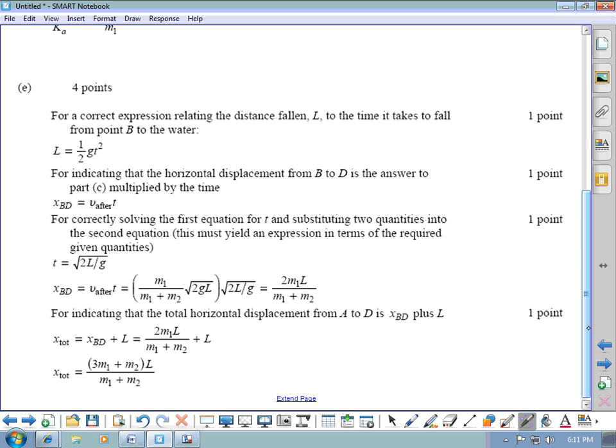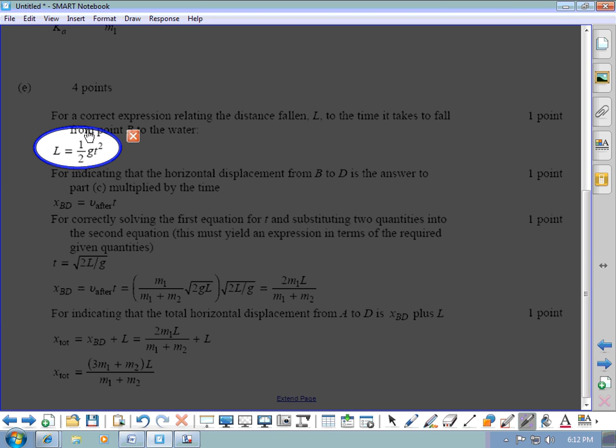For the final part, the projectile motion piece, it was worth 4 points. It was 1 point for relating the time that it takes to fall to the distance fallen. So again, it's using the position time equation for the vertical motion.